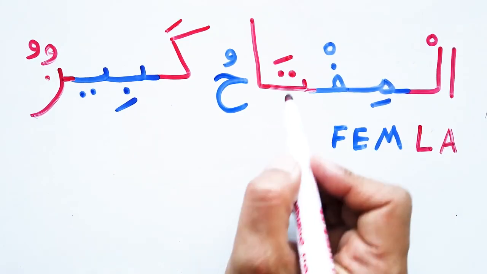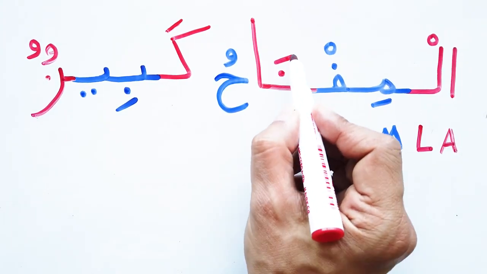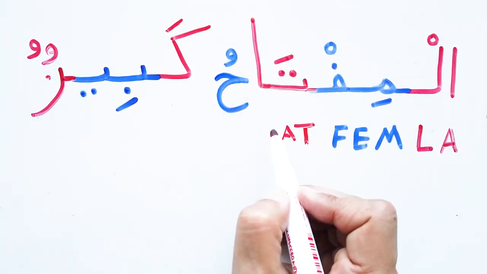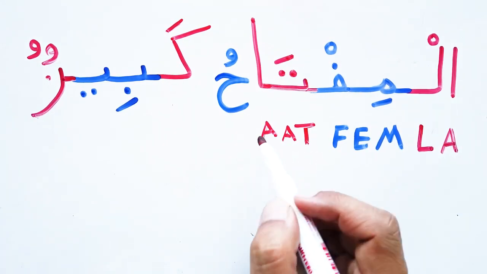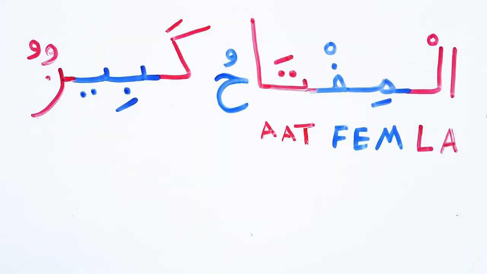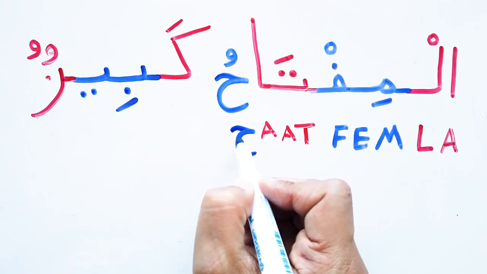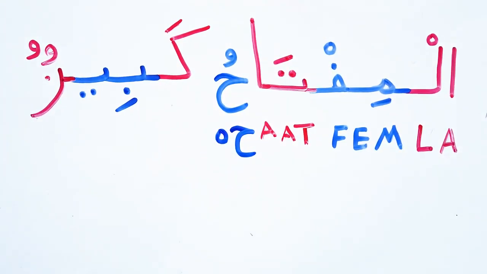And then we have here T. The sound of T. And then with fatha. This fatha sounds like A. Then we have long vowel alif. It's another A. So it is ta. And then finally we have hu. As we said, we don't have this letter and sound in English, so I will add it as it is. And then dhamma. It sounds like O. Al-miftahu.